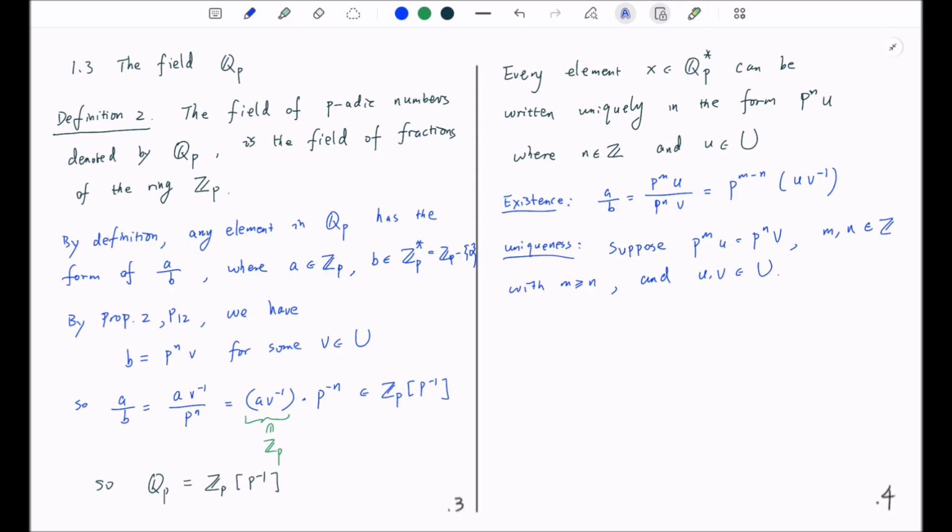Then we discuss two cases. If n is non-negative, then m is also non-negative. Then this equation becomes an equation literally in Z_p. By the uniqueness of the factorization in Z_p, we are done. It follows that m must be equal to n and u must be equal to v.